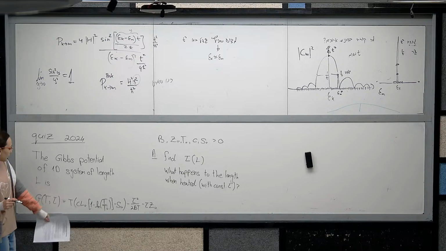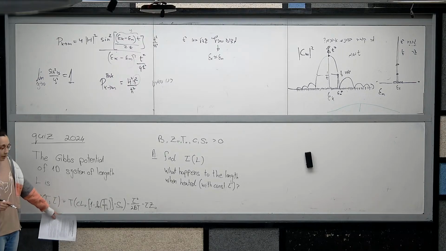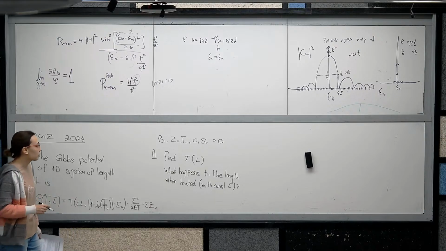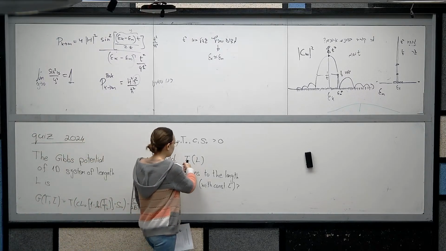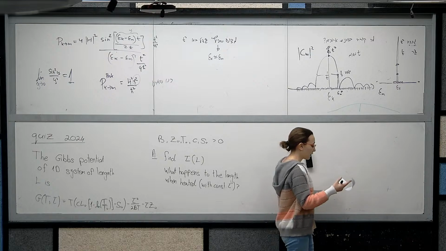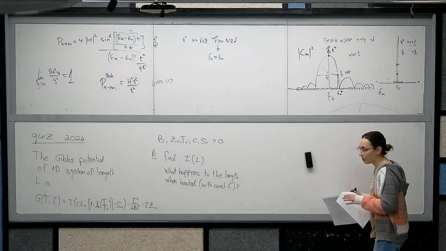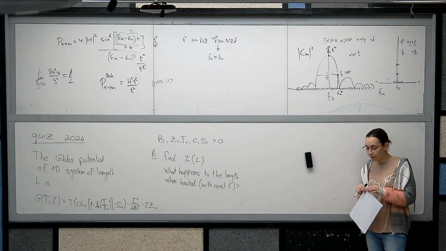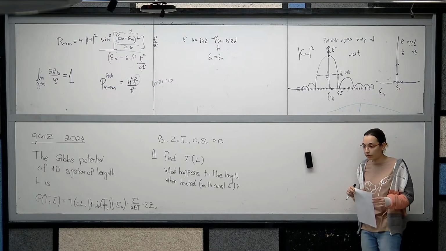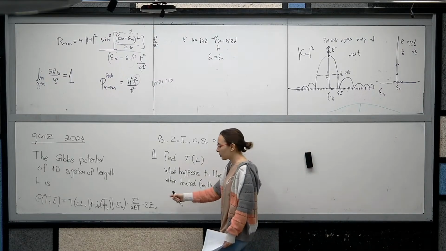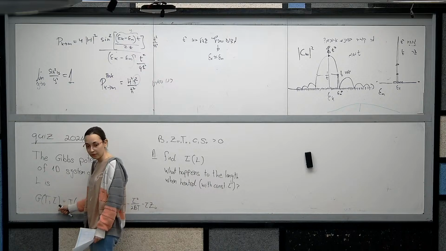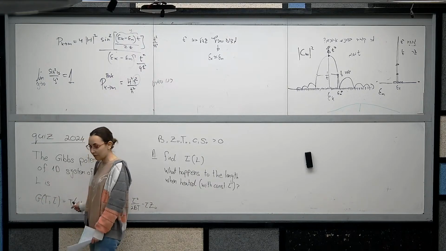Okay, so we are given the Gibbs energy of the system. We want to get to the tension of the system. So we need to pick up a thermodynamic equation related to Gibbs energy, because this is what we're given in the question.